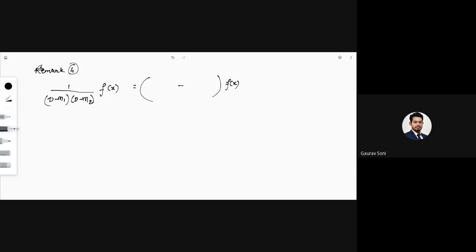Why? How can you write 1 upon (D minus m1)(D minus m2)?